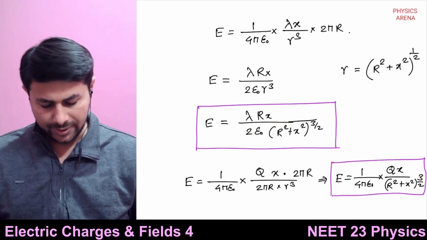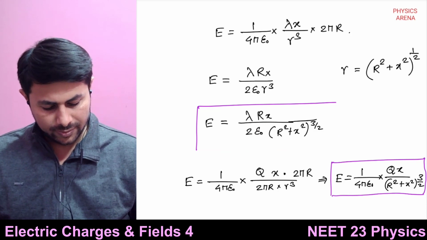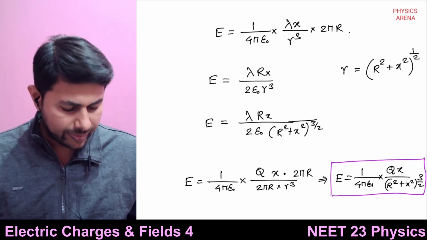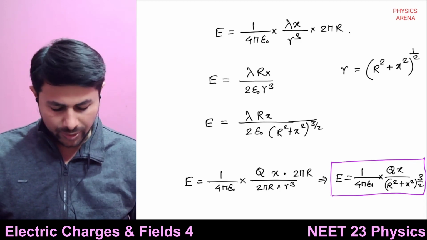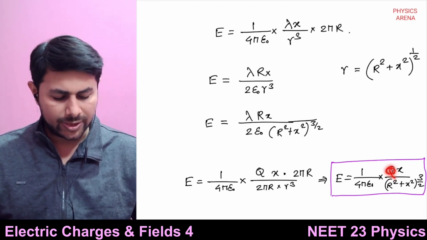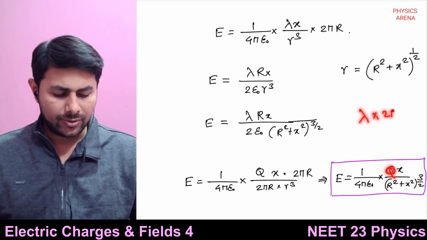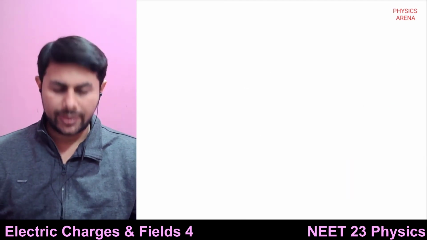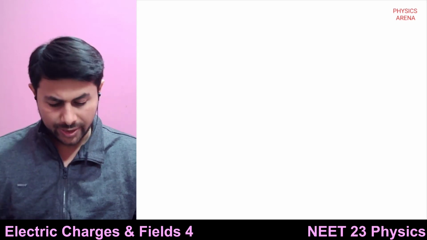So we'll memorize this. And if lambda is given in the problem, what we can do is substitute q equals lambda multiplied by 2 pi R. That's it.